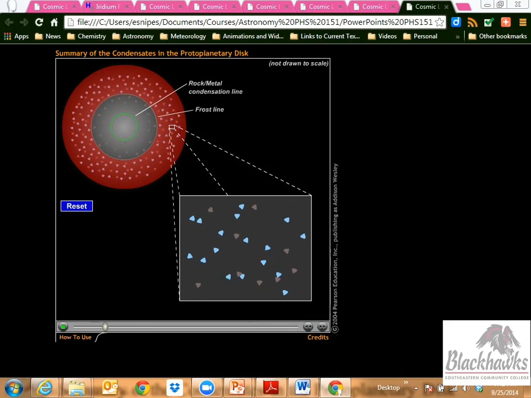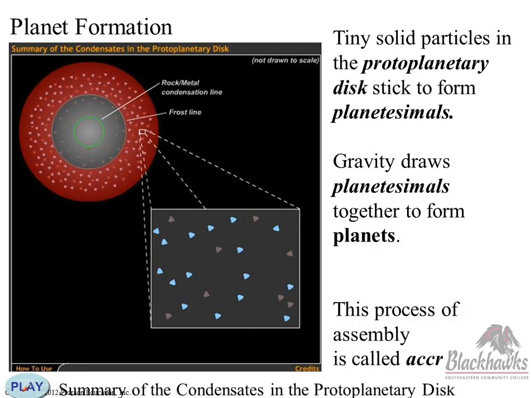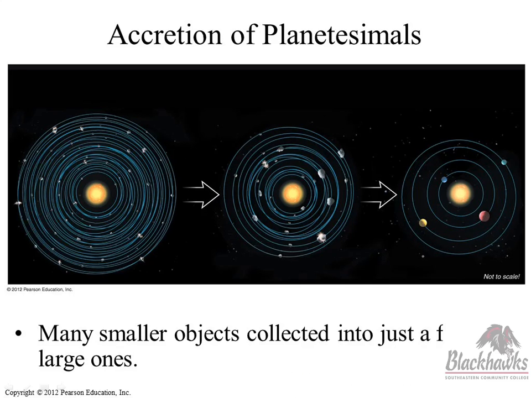Run it. Notice we have an additional color there. Inside the frost line, I think we just had gray particles. And if we get to cooler temperatures, we have your gray, which is the metal and the rock. And then we also have the blue, which could represent the water and stuff like that. Okay, so from left to right, you have time.